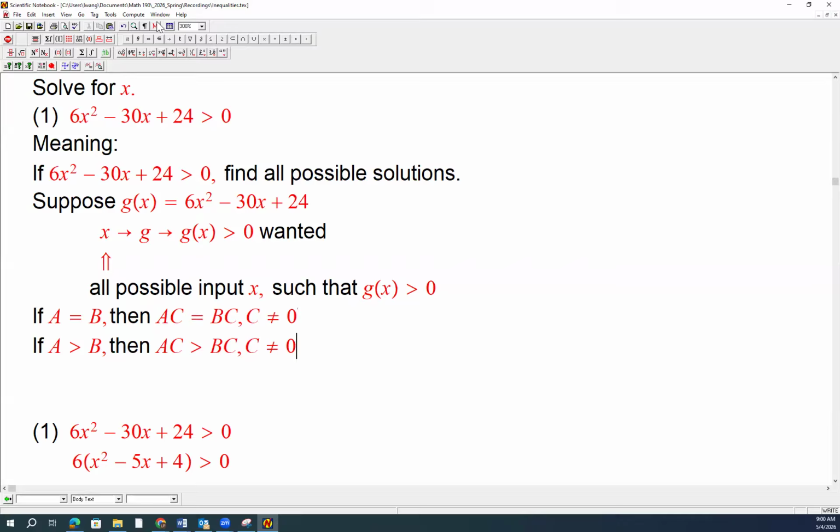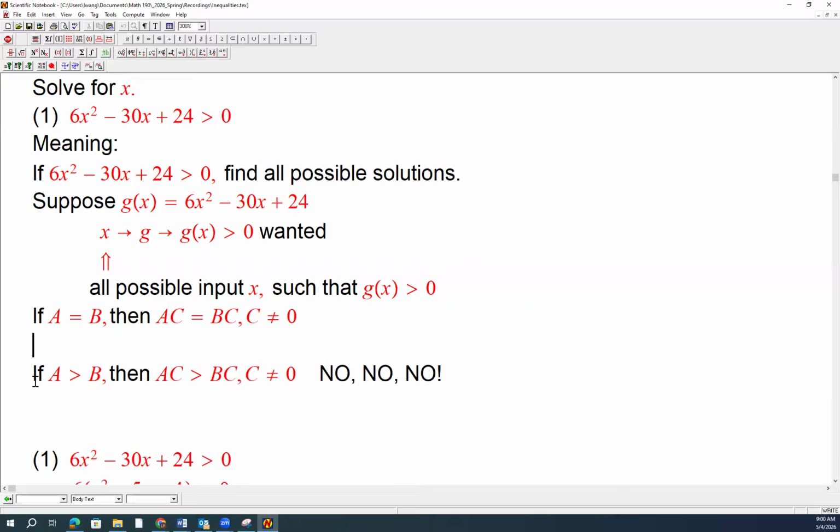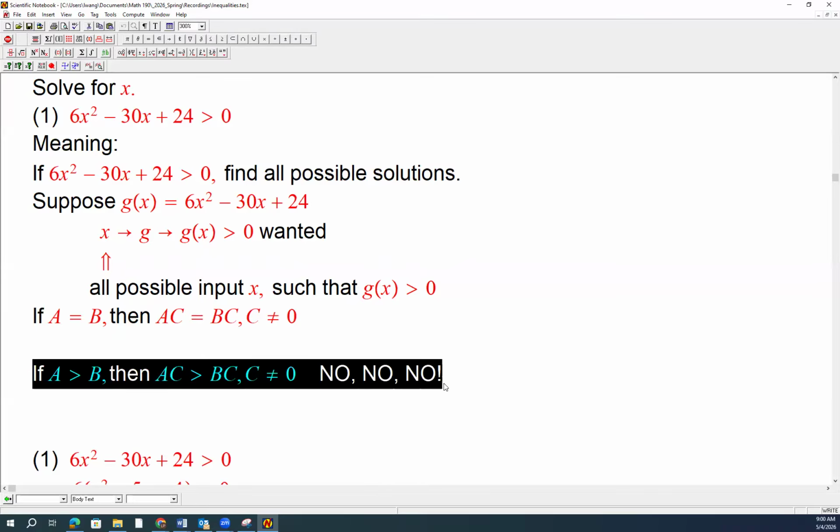The answer is no, no, no. It's a resounding no. So this piece you cannot use. Let me cross it out just to show you. That's wrong, completely wrong.